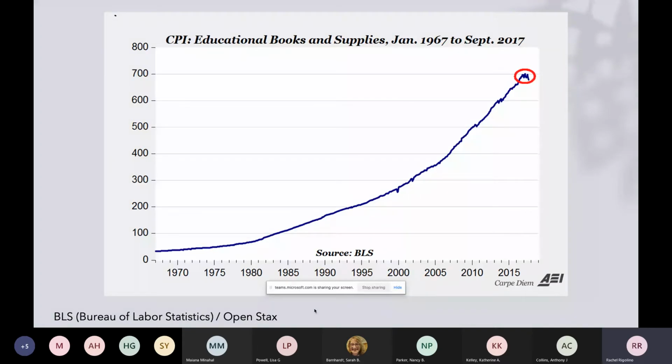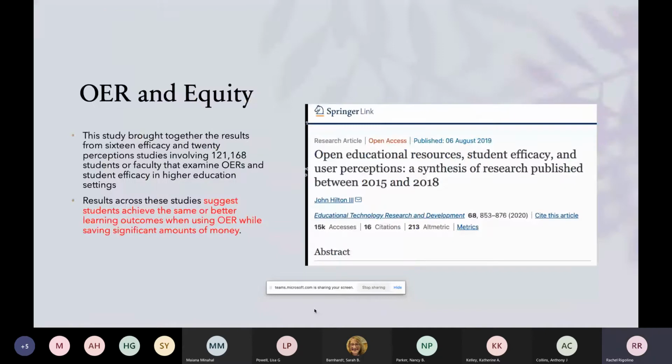You see the prices of things going down because frankly, I think the textbook publishers are realizing that so many of us are moving to OER and they're having to adjust. So it's a very exciting time. In terms of OER and equity, I think all of us probably are aware of this.